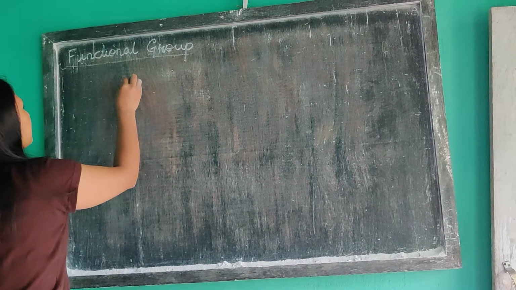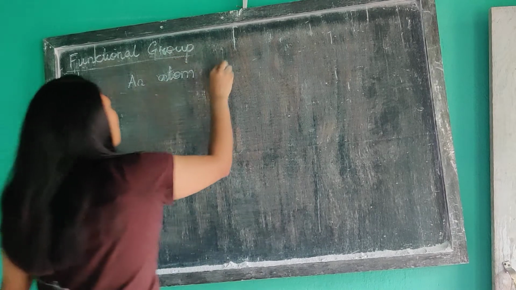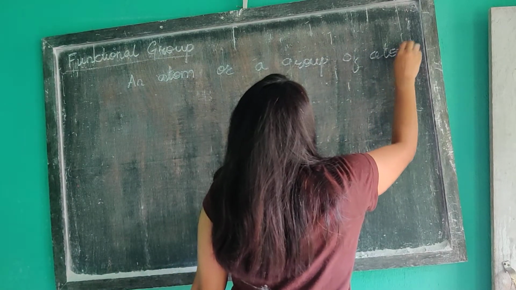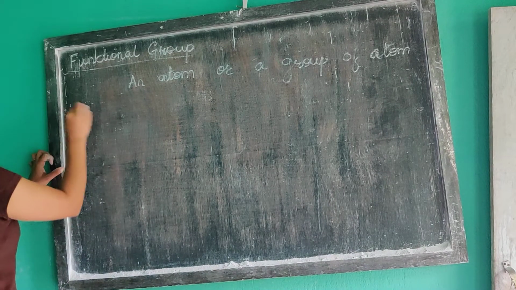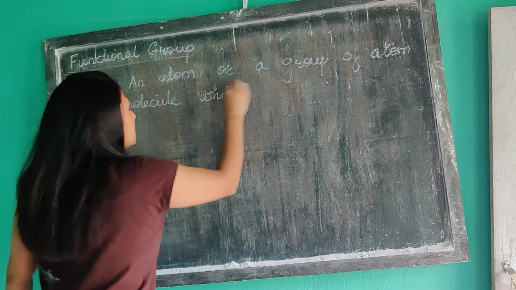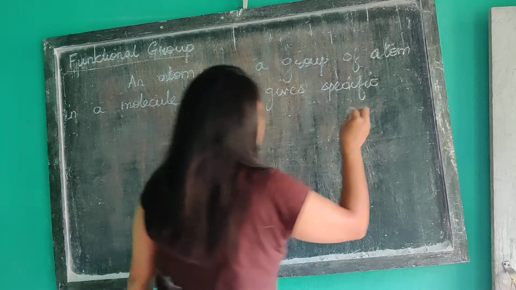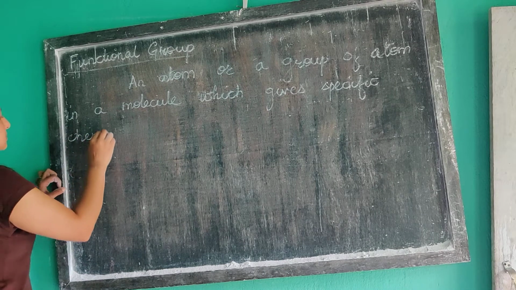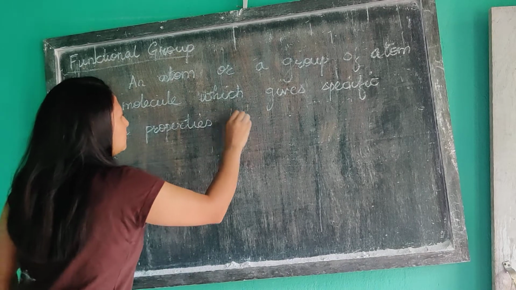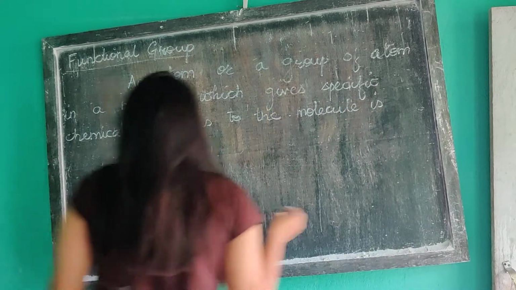Okay, so functional group may be defined as an atom or a group of atoms in a molecule which gives specific chemical properties to the molecule, known as functional group.